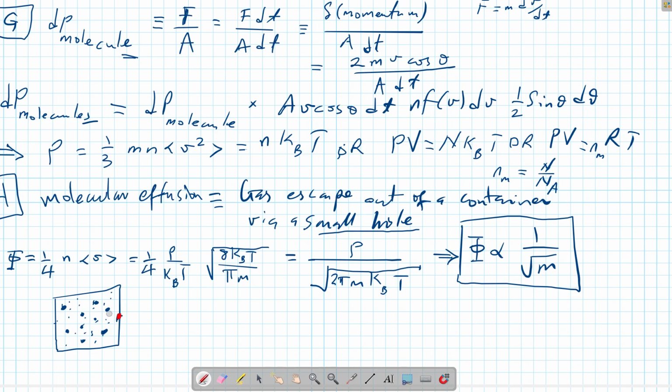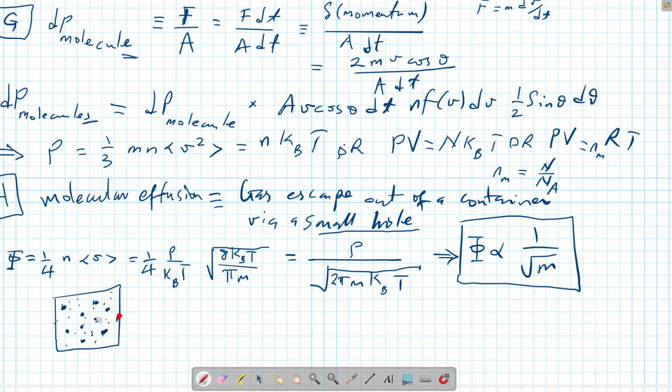Since it depends on the mass, the gases are going to come out at different rates. Some will come faster than the others. So the lighter ones would come out faster. So you can use this to separate mass.